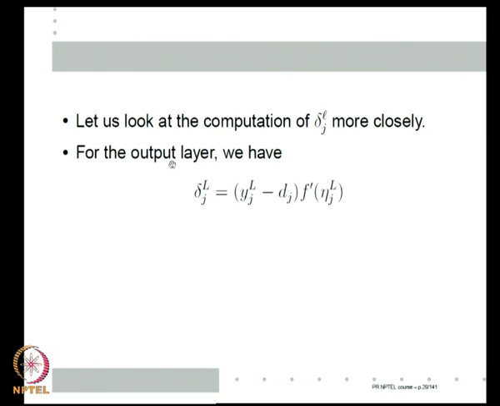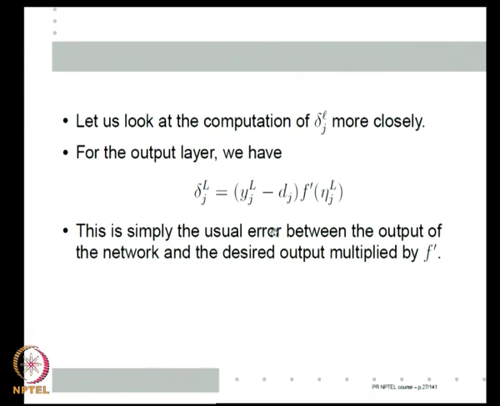Coming back once again, this is the error for all nodes in the output layer. This is exactly like the usual error for the LMS algorithm. y_j^L is the actual output of the network, the jth component, and d_j^L is the desired output, the jth component. So, take that, that is the actual error.